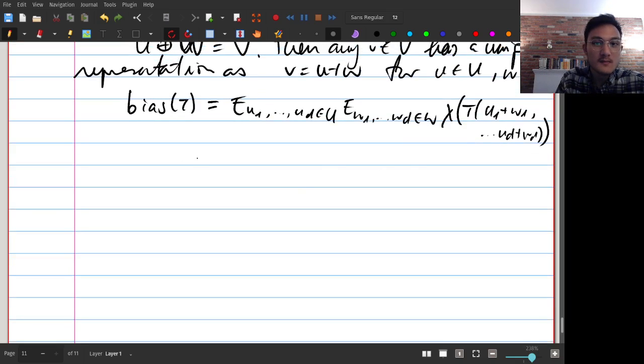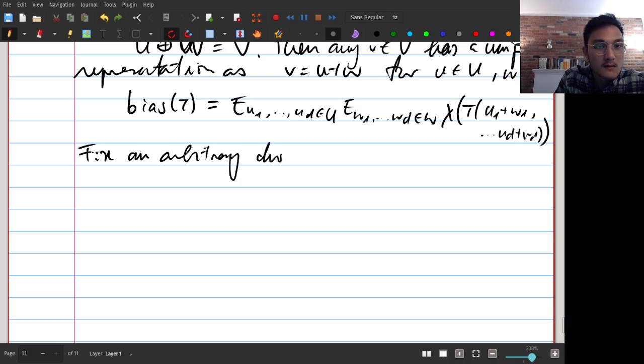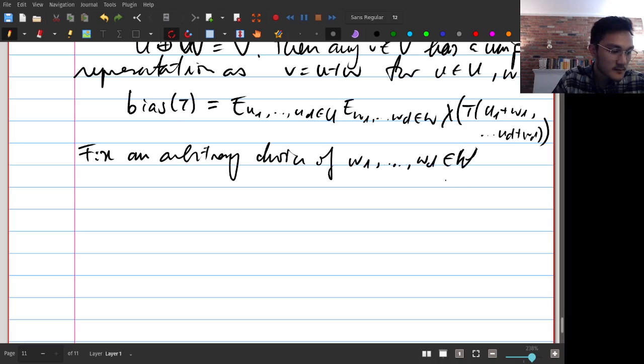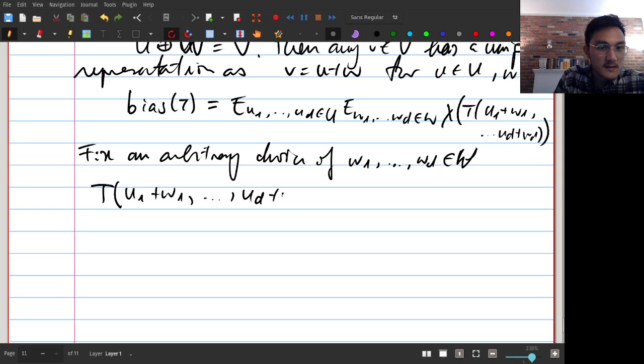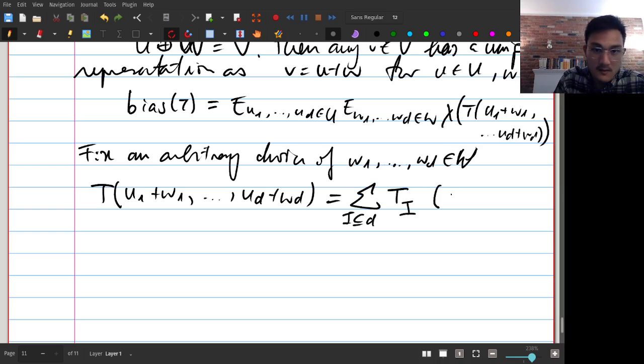Here. Okay. So now you fix an arbitrary choice of W1 all the way up to WD in W. And we went over this in the previous video, but U1 plus W1 up to UD plus WD splits as this sum over all I subset of D, T of Ui, Wi complement.